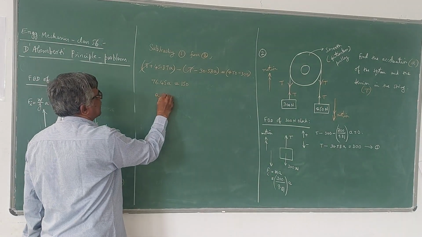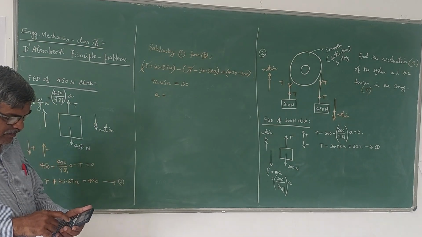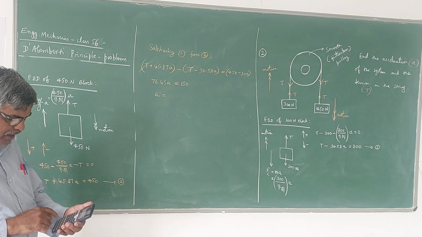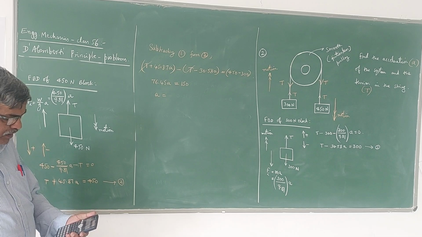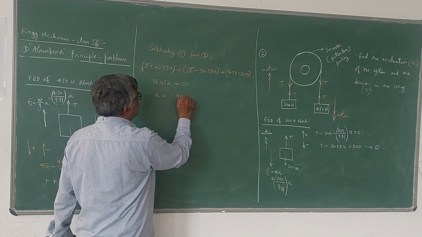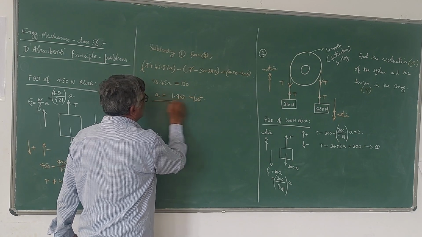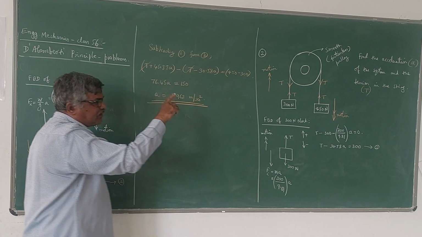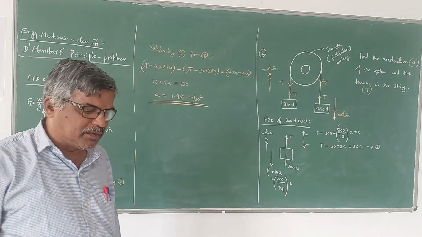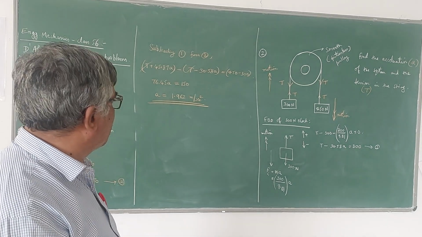Therefore acceleration is equal to 150 divided by 76.45, which comes out to be 1.962 meters per second square. So that is the unit of acceleration. This is the acceleration with which the system moves. That means both the blocks move with this acceleration 1.962.